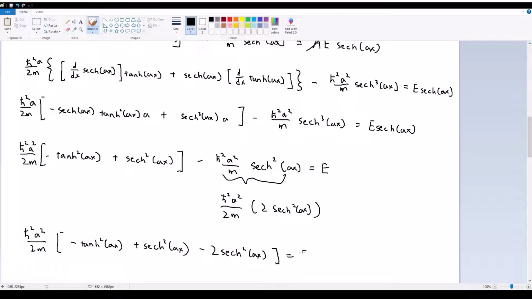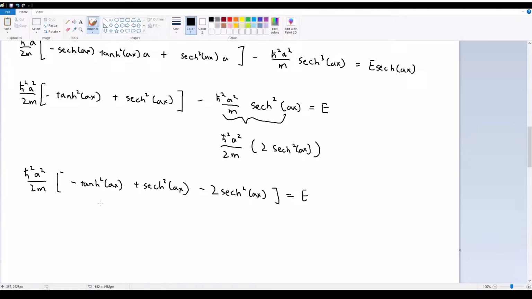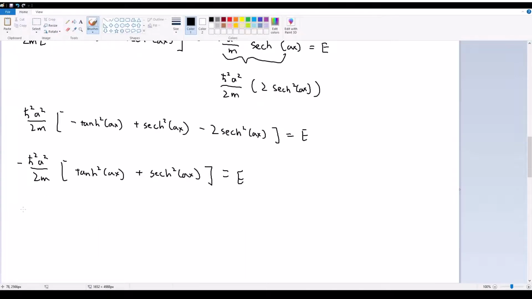And this is equal to e. If I rewrite this and pull out the negative, then we get negative h bar squared a squared over 2m times hyperbolic tangent squared ax plus hyperbolic secant squared ax. This is equal to e, and we're basically done because this is a trigonometric property. This expression equals 1.